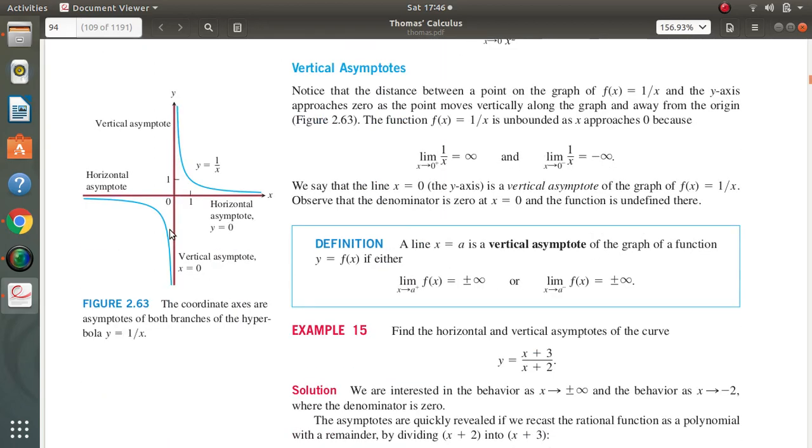Next we have now the vertical asymptotes. So horizontal one we have already done. Now let us discuss the vertical asymptotes.